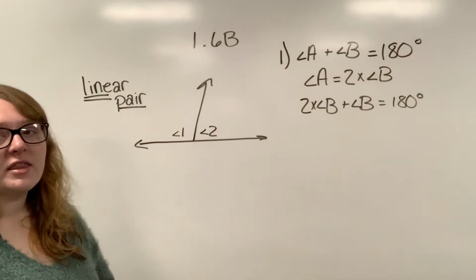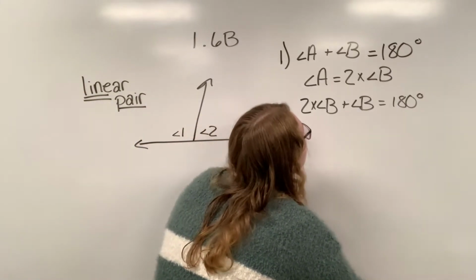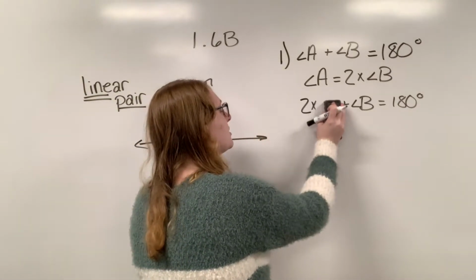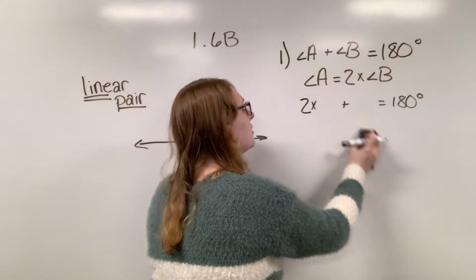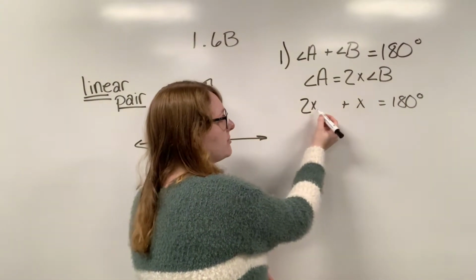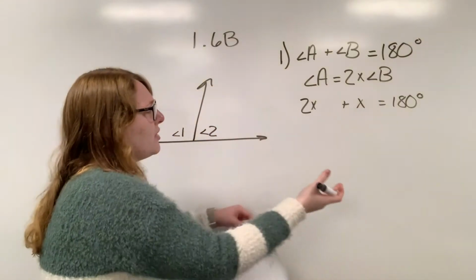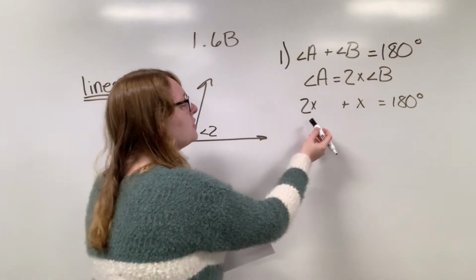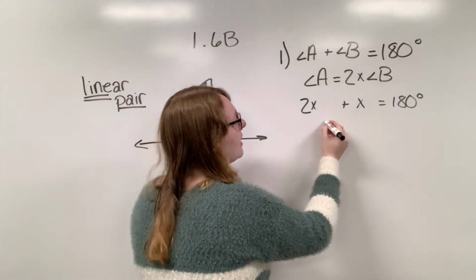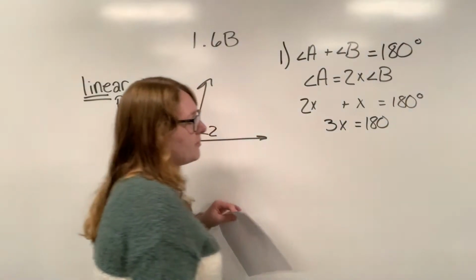So if we look at this like a variable, so let's use a variable instead of the letter B, okay? So let's just use X, all right? So we have 2 of angle B, so 2 times X, plus angle B, or X, all right? So we know how to solve this, they're just variables. 2X plus 1X, that gives us 3X, and that's still equal to 180.